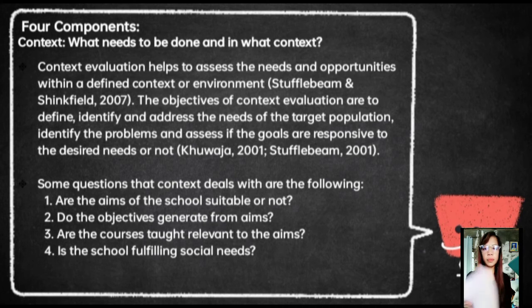So here are the four components of Stufflebeam's CIPP evaluation model. So we can see here the context, which answers the question, what needs to be done in what context? For you to easily understand its content, we have only attached the important details and information in this component. So according to Stufflebeam 2003, the objective of context evaluation is to assess the overall environmental readiness of the project, examine whether existing goals and priorities are attuned to needs, and assess whether proposed objectives are sufficiently responsive to assessed needs.